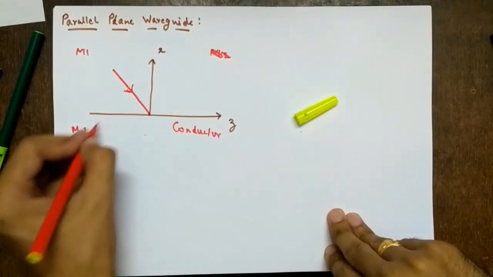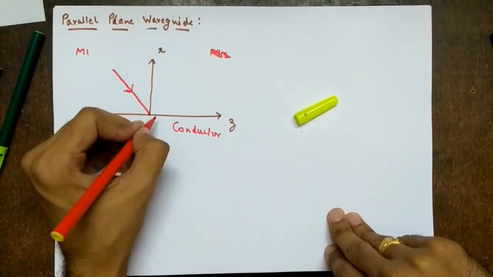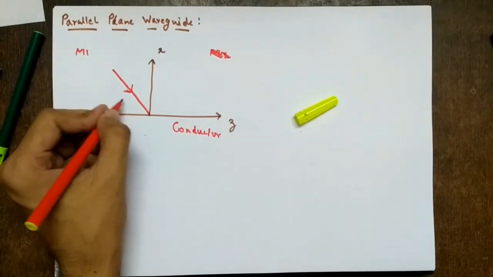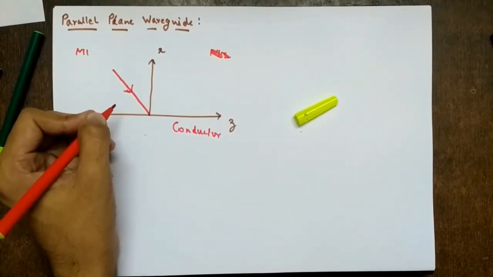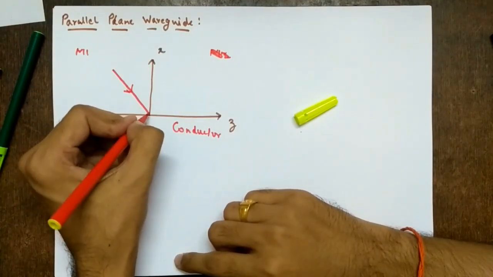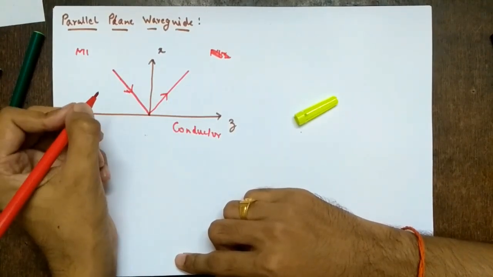So since this is a conductor, what will happen? We have studied in our electromagnetic course that conductors will reflect the electromagnetic wave. The electromagnetic wave cannot penetrate a conductor. If you remember, we had taken the example of a metallic tiffin. I had brought a metallic tiffin to the class and demonstrated it. So it will get completely reflected in this way, right?